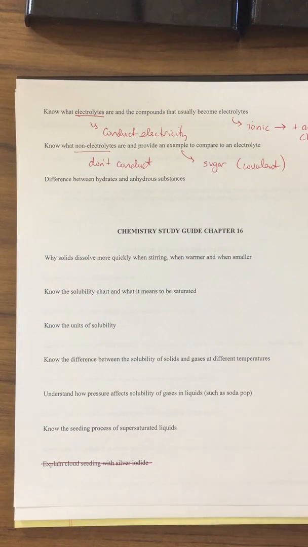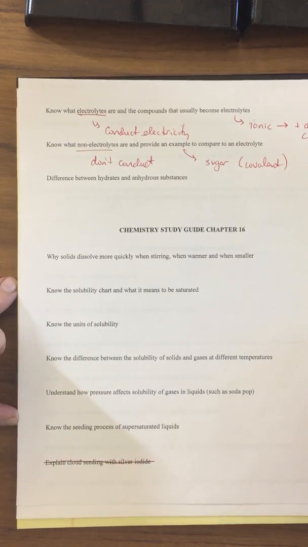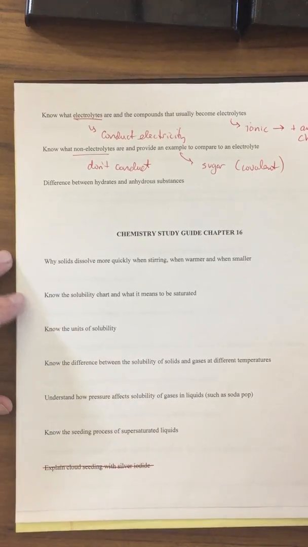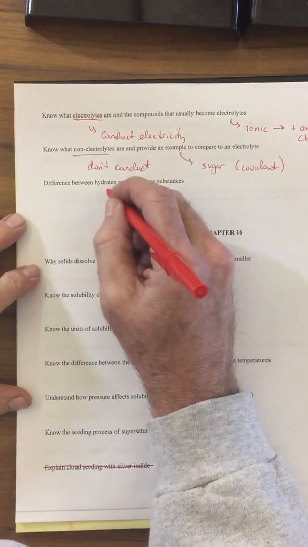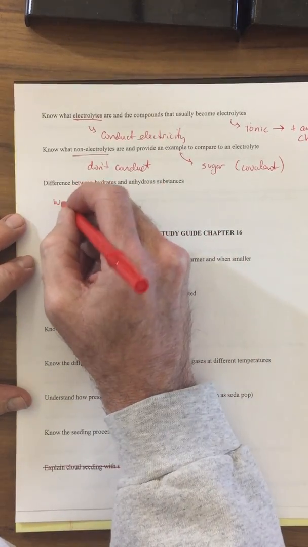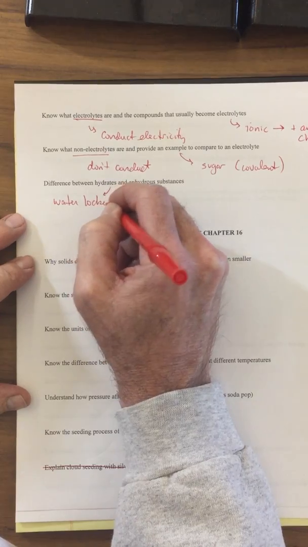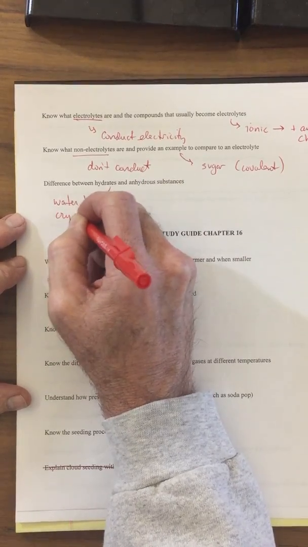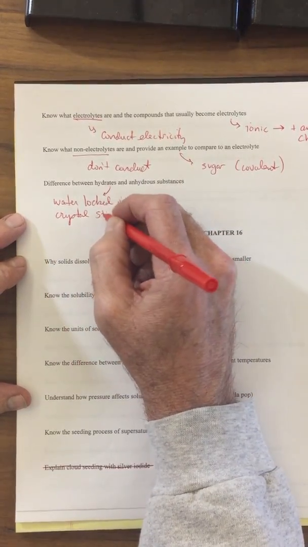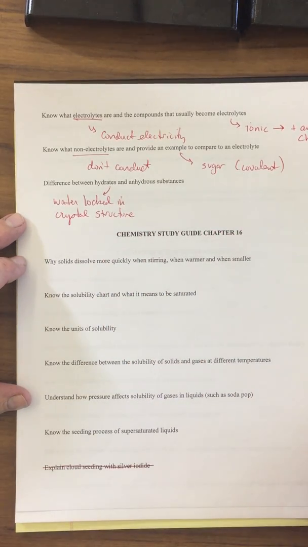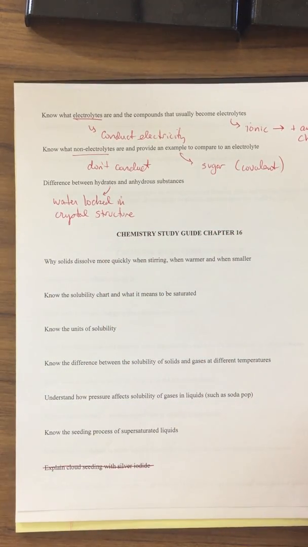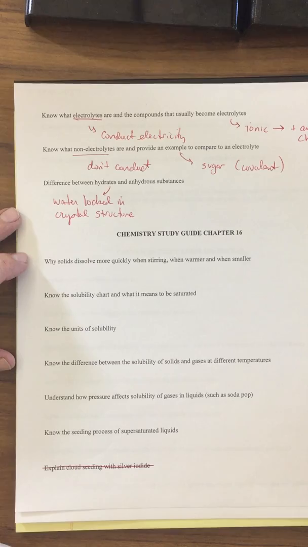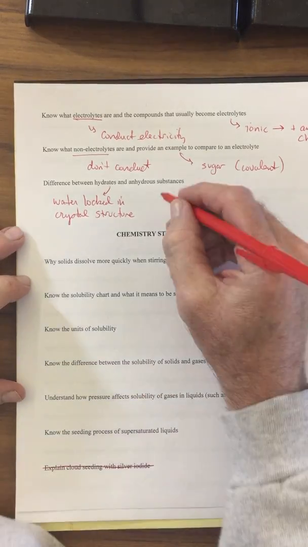Okay, lights are on. Difference between hydrates and anhydrous substances. We used this substance called copper sulfate pentahydrate. It's a hydrate that has water in the crystal structure. Water was locked in that beautiful blue crystal. Last semester we heated that hydrate and it released all the water, it evaporated, and we were left with this dull gray powder.